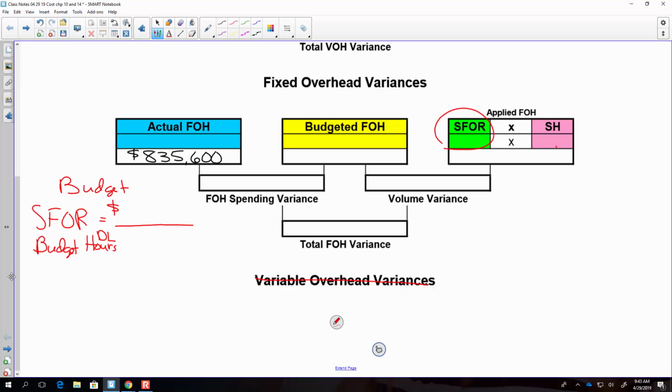832,500. Yes, 832, Teresa. Where does this 832 also go? The budget FOH. Yep, right here in our center. So this 832, which is used to come up with our standard fixed overhead rate, is the same number that sits in the center here.